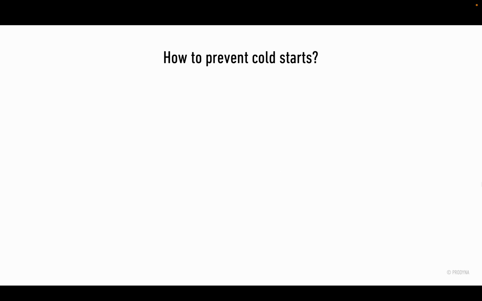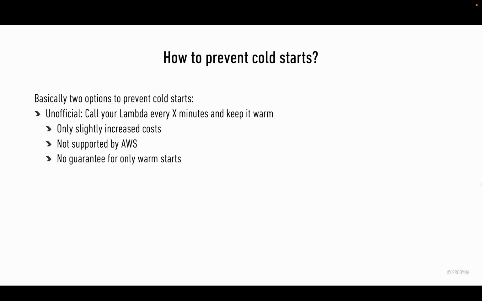So, but how to prevent cold starts? There are basically two options to prevent cold starts. One unofficial way is to call your Lambda functions every X minutes to keep it warm. This will increase your cost slightly, not very much, but it's not supported by AWS, and you're not guaranteed that you only get warm starts.